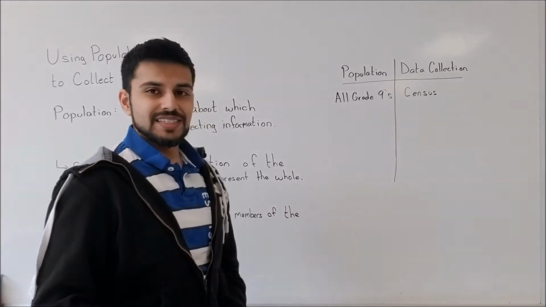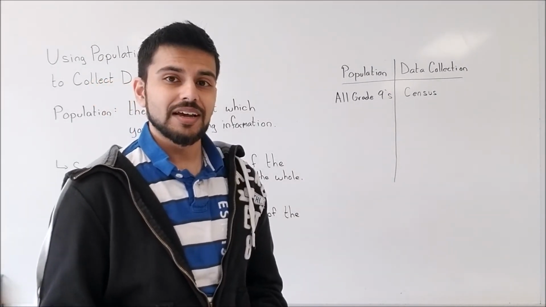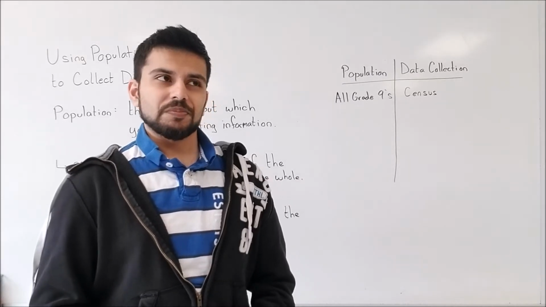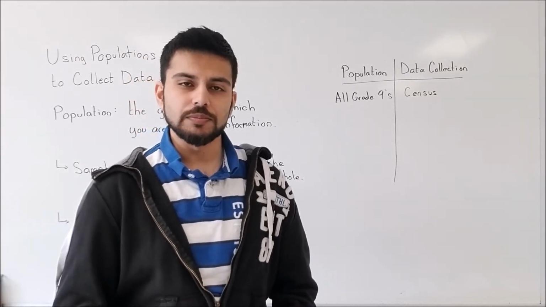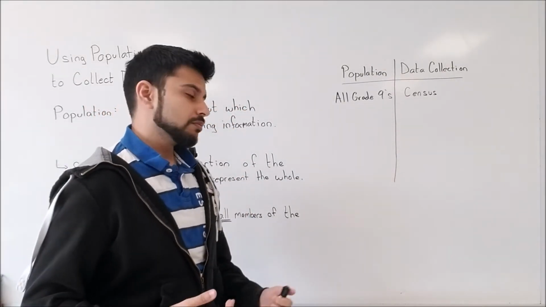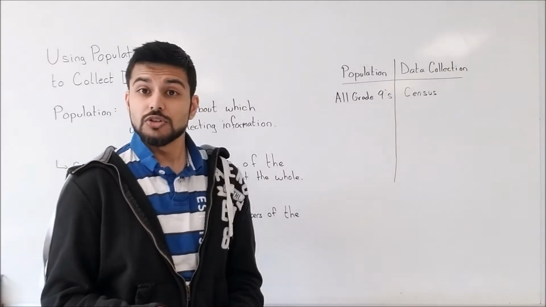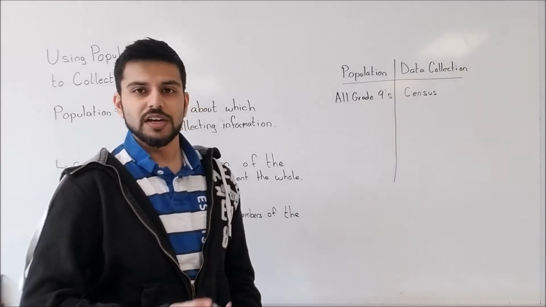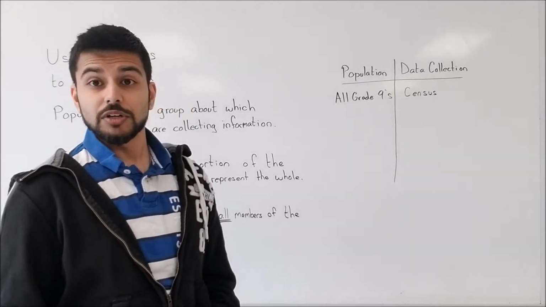Well, then I'm saying that 70% of all my students in grade 9 have Apple products. This may or may not be true. It doesn't quite give me enough information. Now, to be fair, if I just wanted a general idea, sure, a sample would be okay. But a census is totally feasible to do. I could just talk to all of you and find out, and that would give us a general idea of whether you guys had Apple products or not.